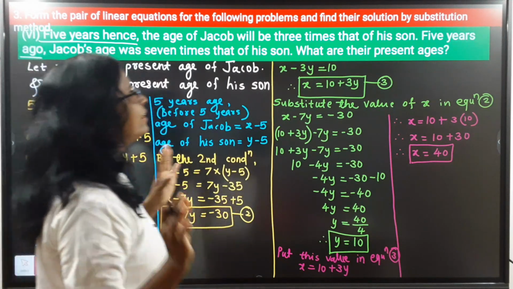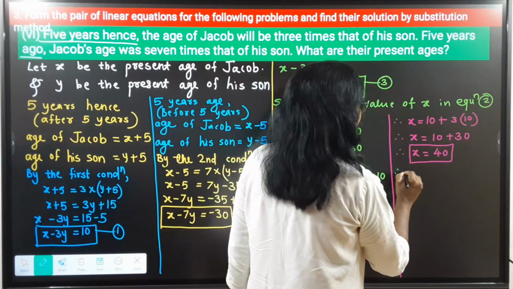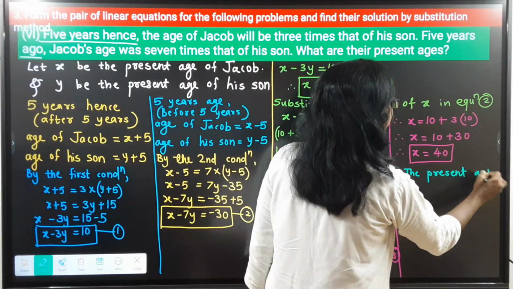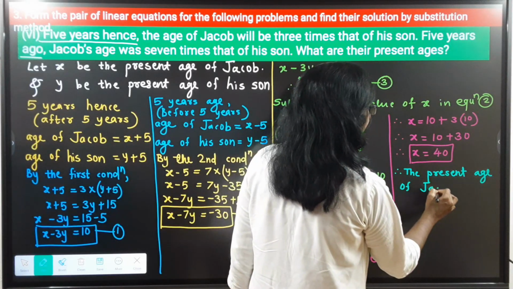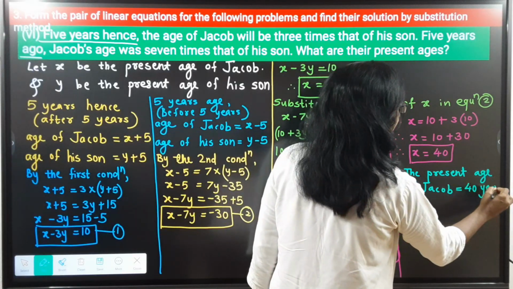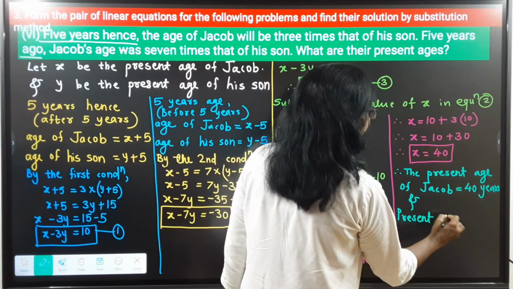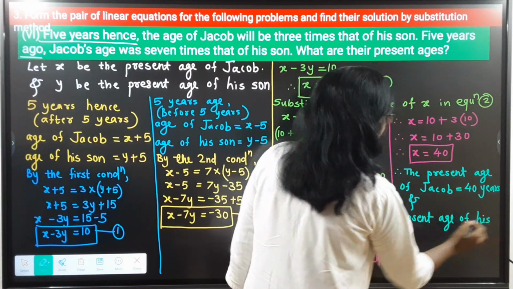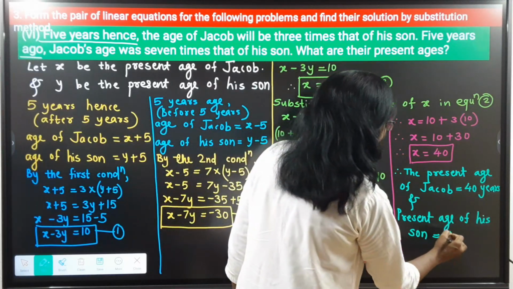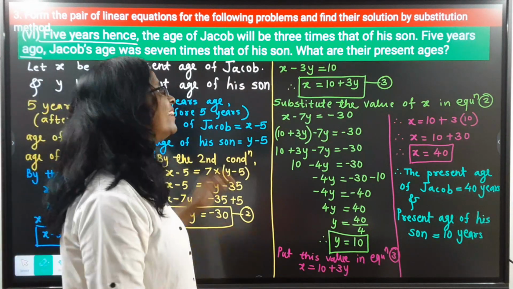Finally we write down: therefore, the present age of Jacob is equal to 40 years, and the present age of his son is equal to 10 years.